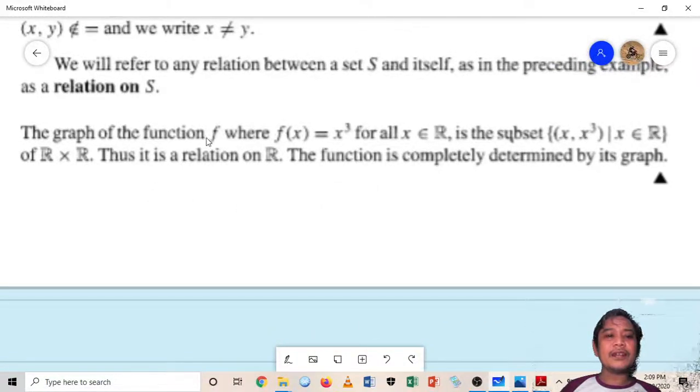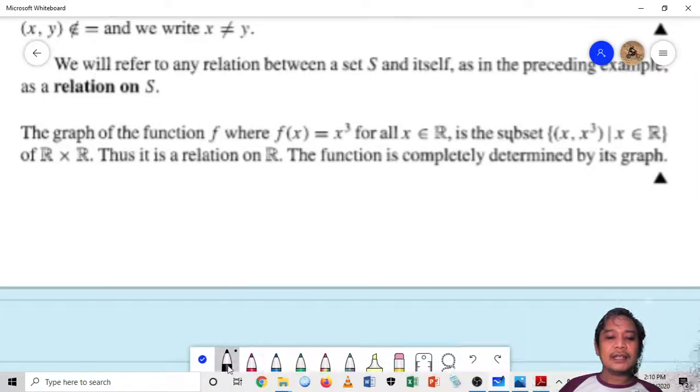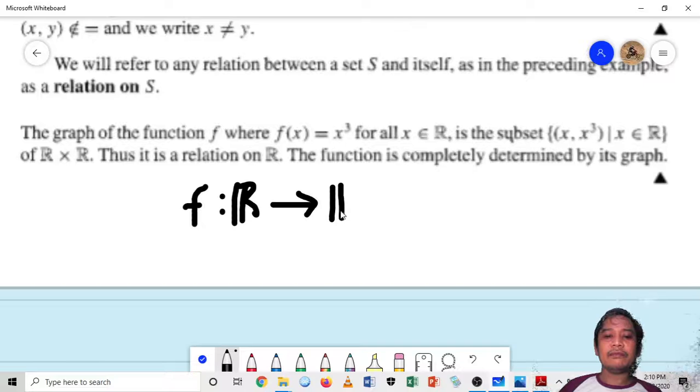So, for example, here we have the function f defined by the equation f(x) = x cubed. Again, this is a real-valued function, meaning f maps the set of real numbers to itself.